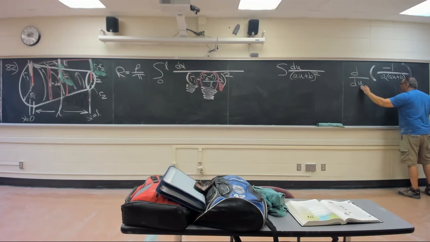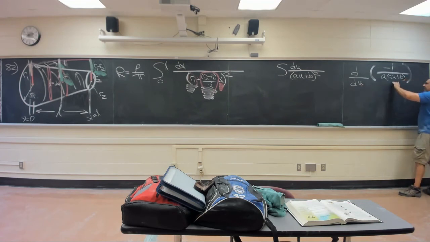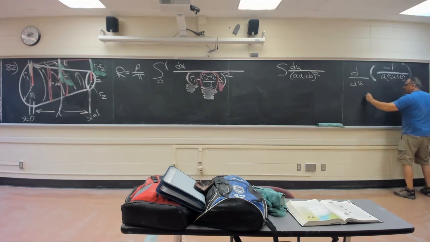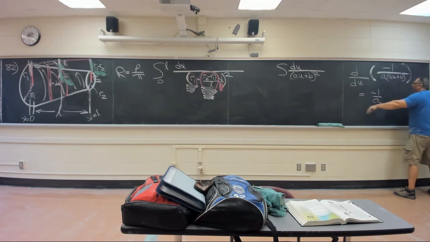Take the derivative with respect to U of this. What is that? The negative 1 over A comes out.